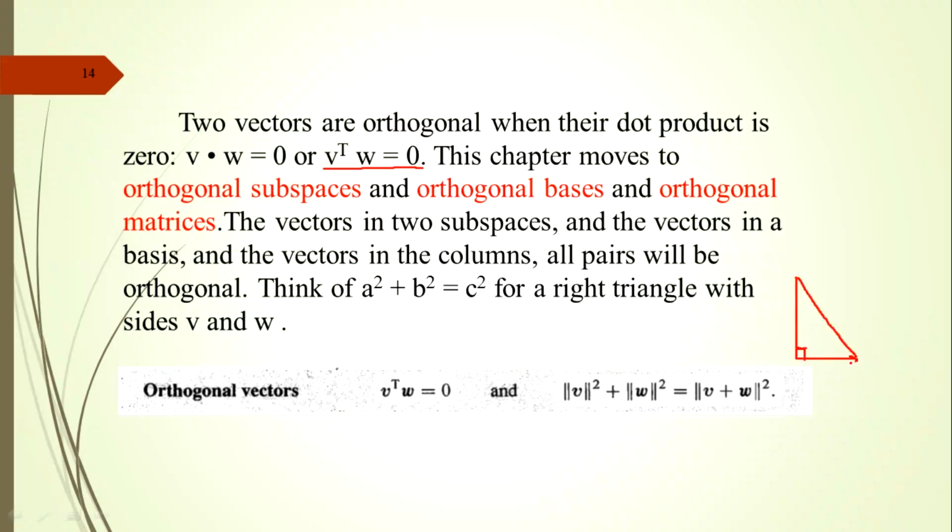We have this vector v and w, and the hypotenuse is v plus w. So we can take the norm of v as a, the norm of w as b, and that equals the norm of v plus w, the length of the hypotenuse.